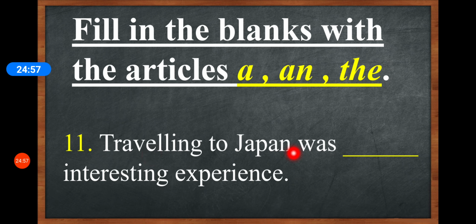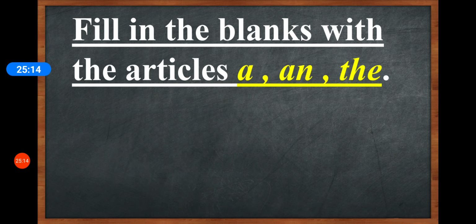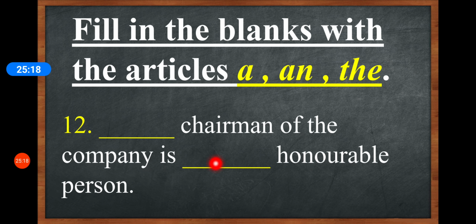Traveling to Japan was dash interesting experience. Yes, you can easily spot the vowel sound. So, an interesting experience. Next one for you. Dash chairman of the company is dash honorable person. Now please pay attention.